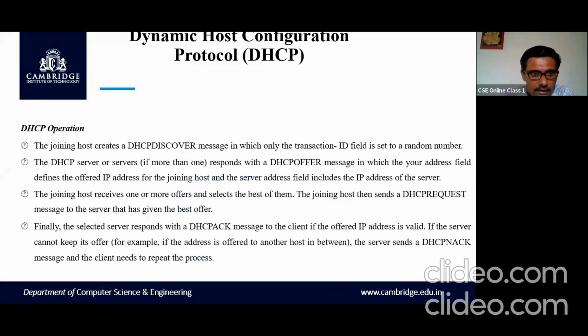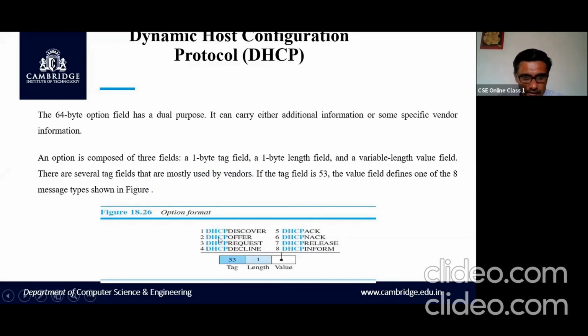You see here, first the joining host creates the DHCP discover message. Similarly, the 5th one is DHCP acknowledge. Then the 6th one, DHCP no acknowledgement. Then the second one, DHCP offer.